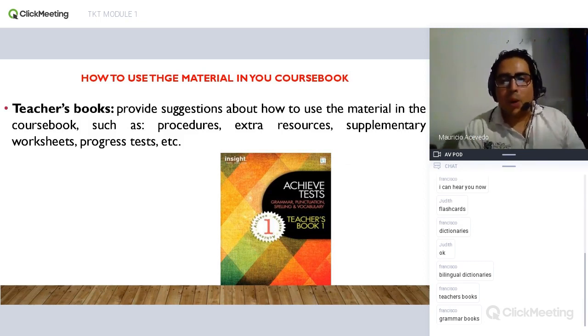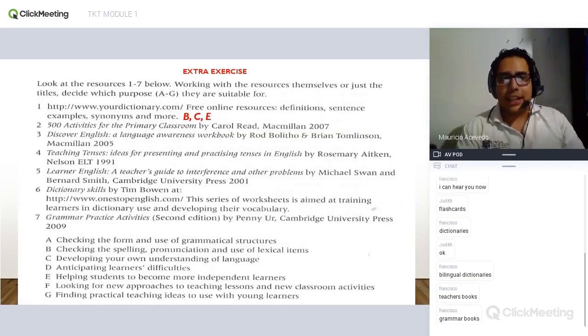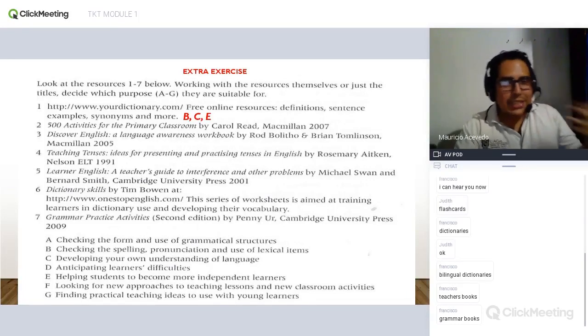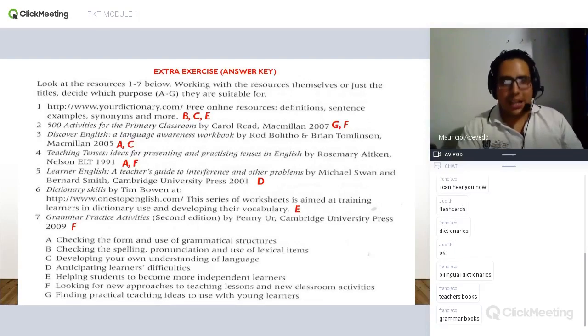That was basically what we were talking about in the other class. We did some extra exercises like this one in which you had to relate the examples here with one of the purposes of one of the materials, and so on.